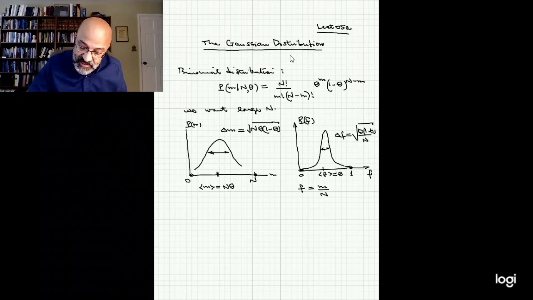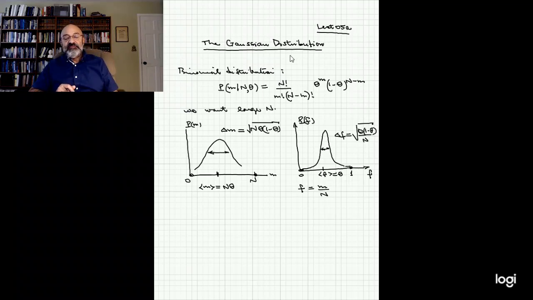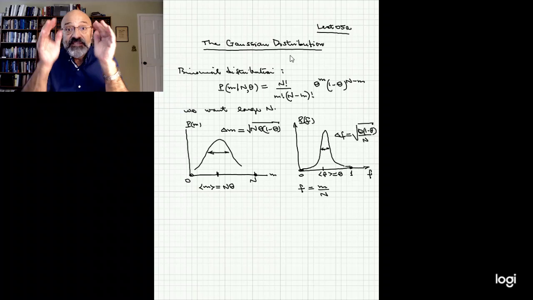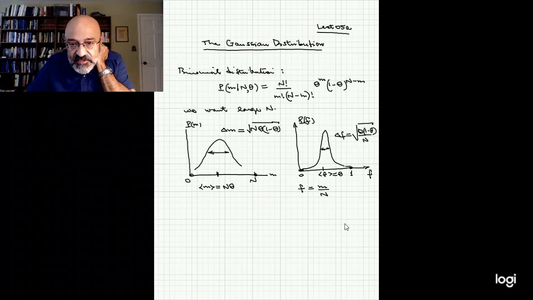Okay, that's the conclusion of having written that RMS deviation for the frequency. As n grows, this becomes narrower and narrower. So as n grows, this distribution becomes more and more peaked around the mean.